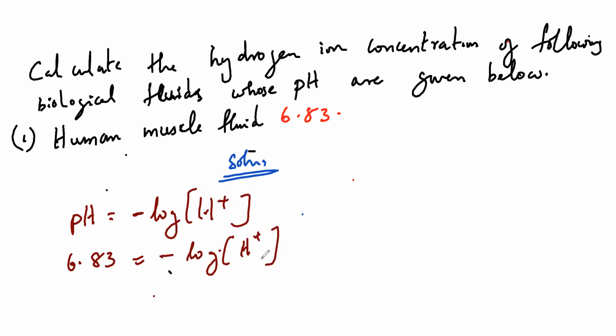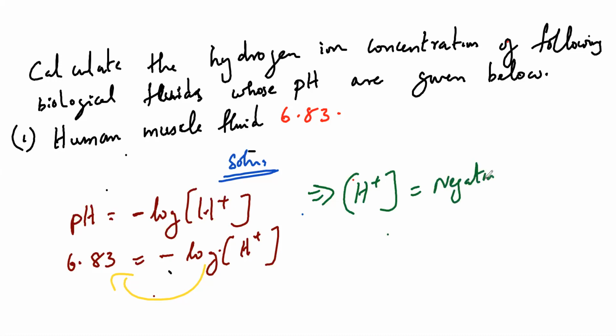So if the log is going this side, it will become the antilog, and the negative is also going this side, so it becomes the negative antilog. So what is my H plus value? Negative antilog of 6.83.